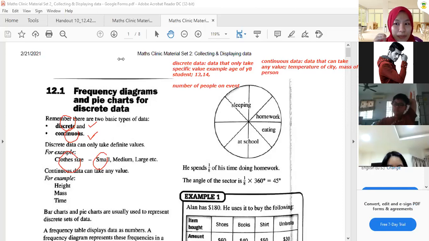And guys, I want to highlight, please know about the advantages and disadvantages of these two methods. With interview, you can get more detailed information. With questionnaire, only simple questions can be asked on the paper. But interview will take longer time, while questionnaire takes shorter time.